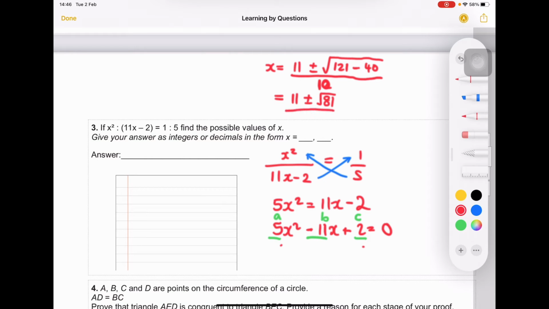So that's nice, we don't really need to use a calculator for this. So we have 11 plus or minus 9 over 10.